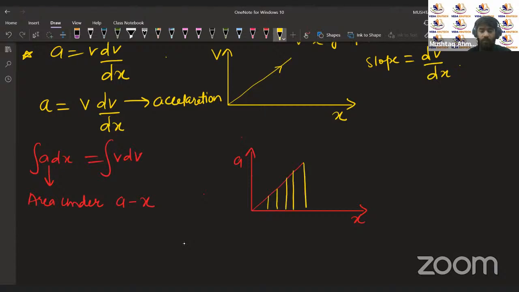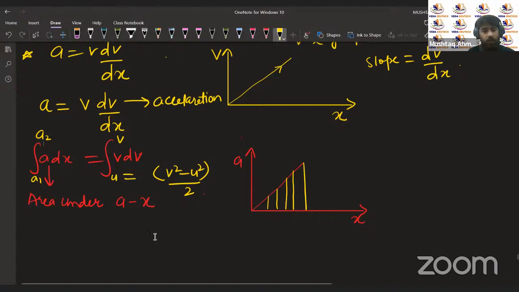If we integrate it, it will be v square minus u square upon 2, right? Here the limits are u to v, where u is the initial velocity and v is the final velocity. And let's suppose this is the initial acceleration a1 and the final acceleration is a2.